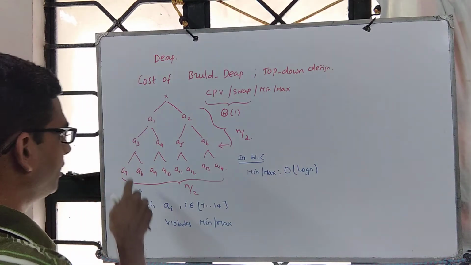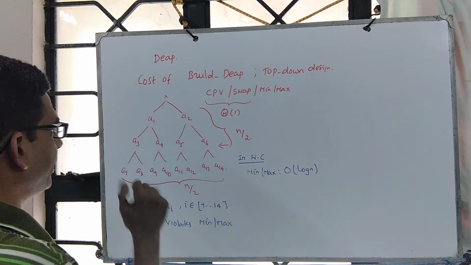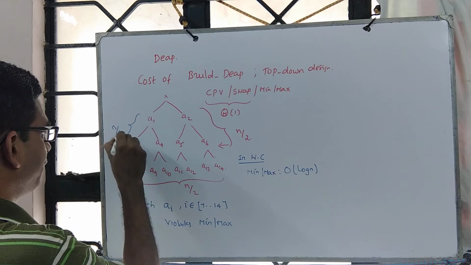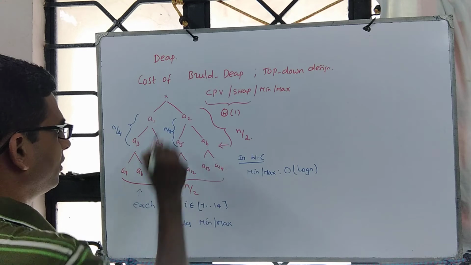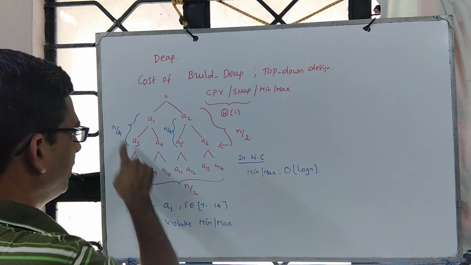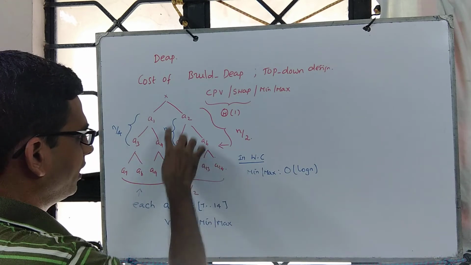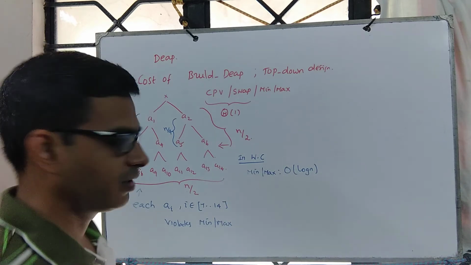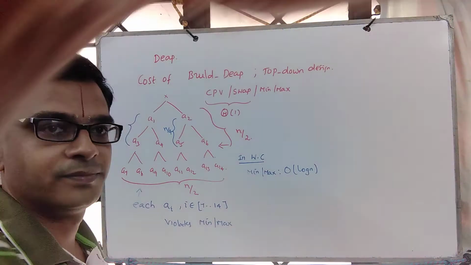For example, you see that this part is n by 2, which means this subtree is n by 4 and this subtree is n by 4, and the cost to set right min in this will be log n by 4 and in this it will be log n by 4, which is order log n. In the worst case it is theta of log n.